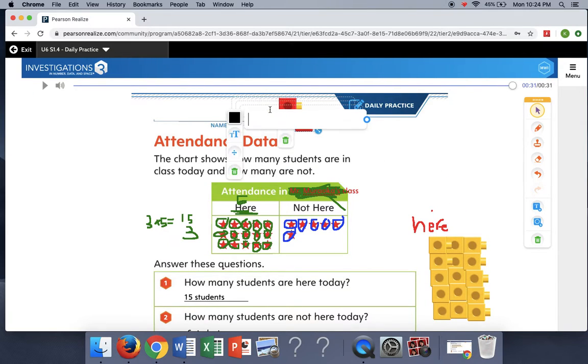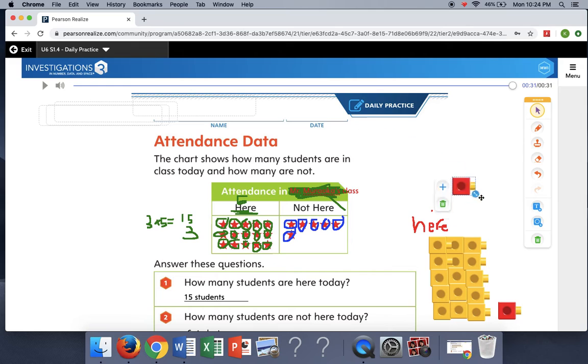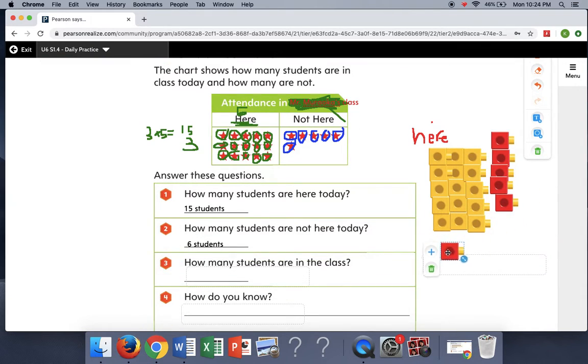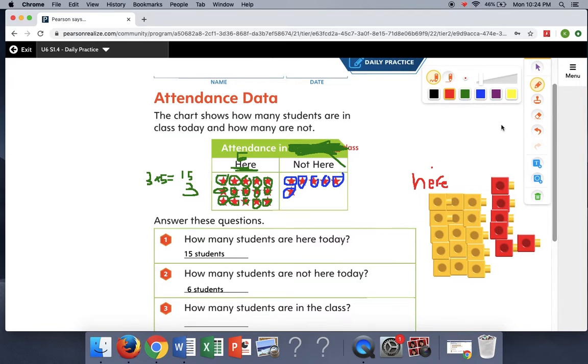So there's 1, 2, 3, 4, 5, 6. So there are 6, and there are 6 that are not here.